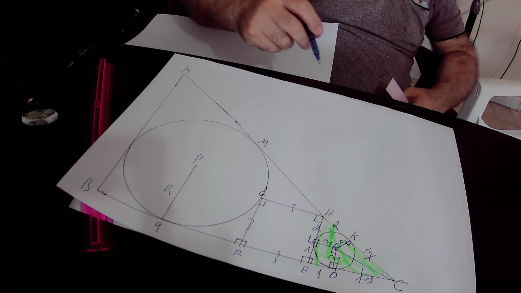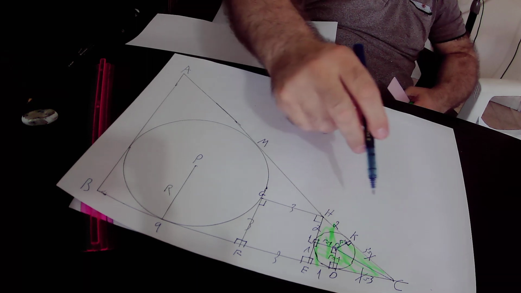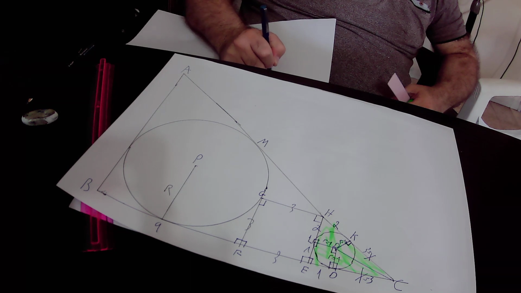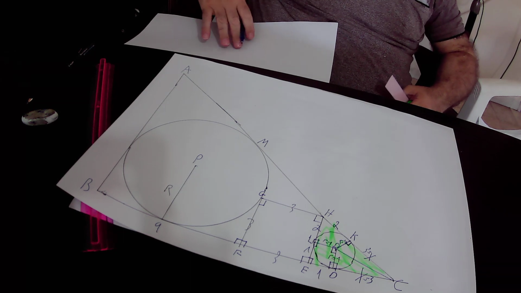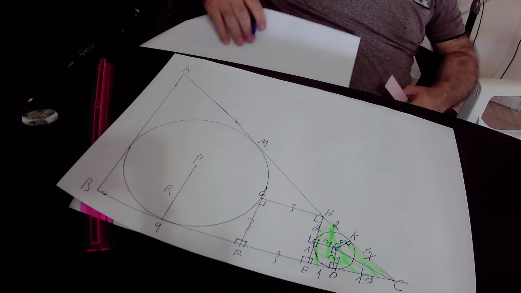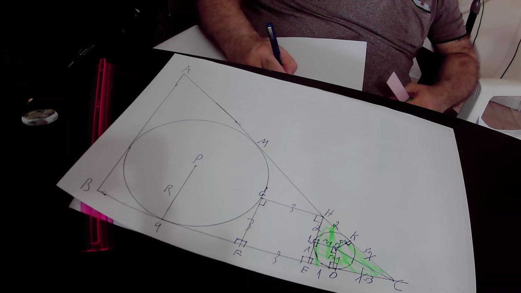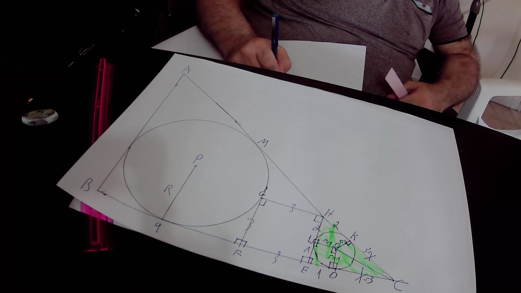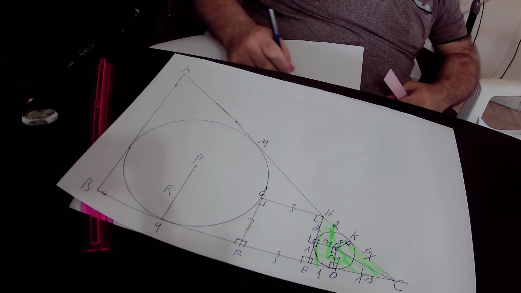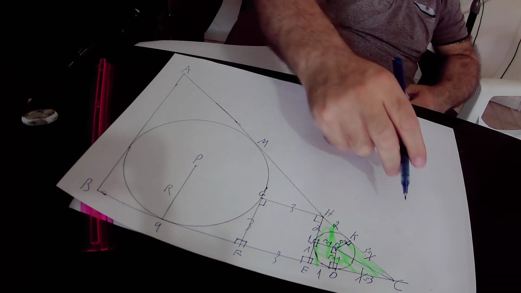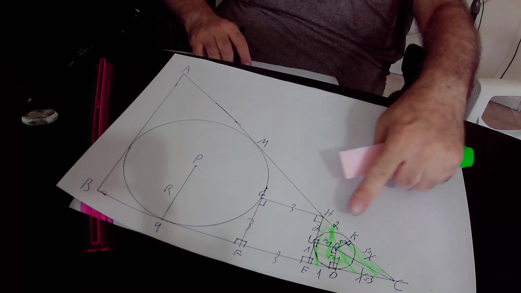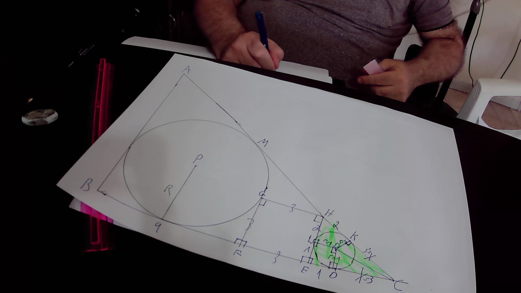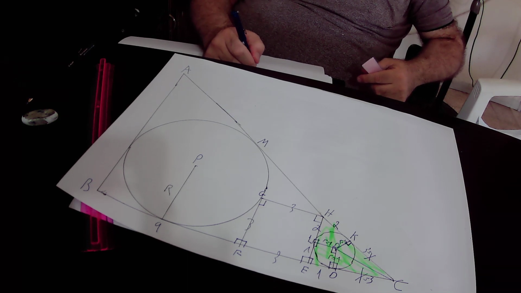In addition, CK equals CD, they are both equal to 3 units according to rule number 2. And finally, CO is a common side that belongs to both triangles, so CO equals CO.